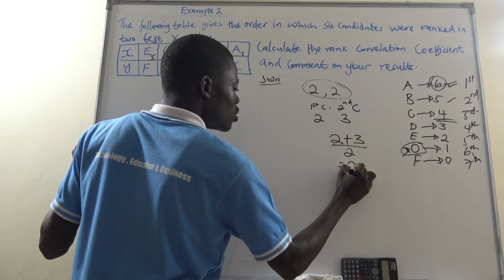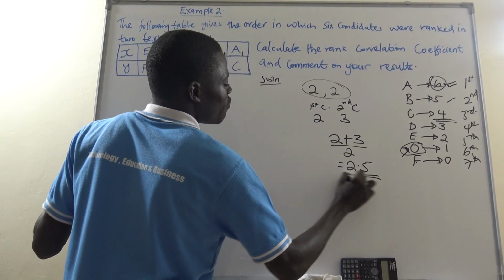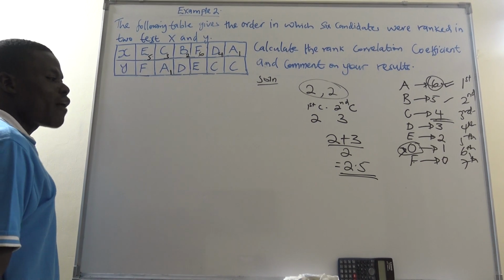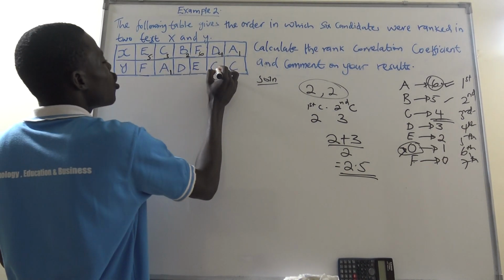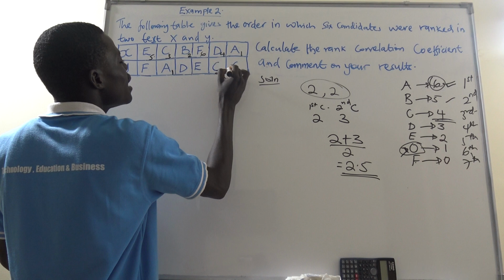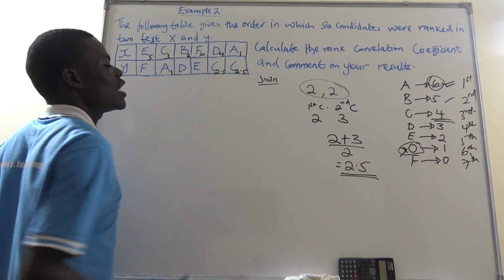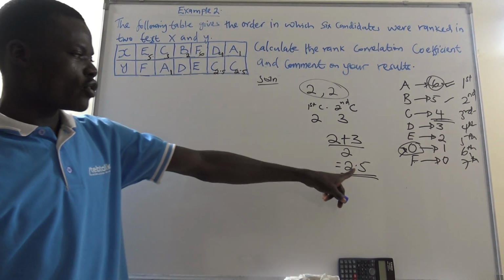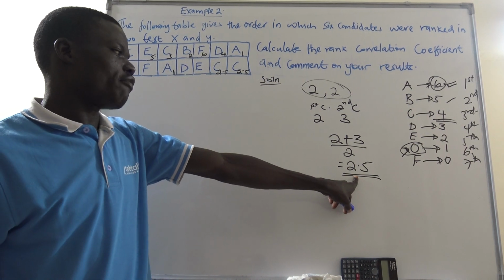The answer is 2.5. So 2.5 is the position this C will take and this C will take; both of them share the position 2.5.